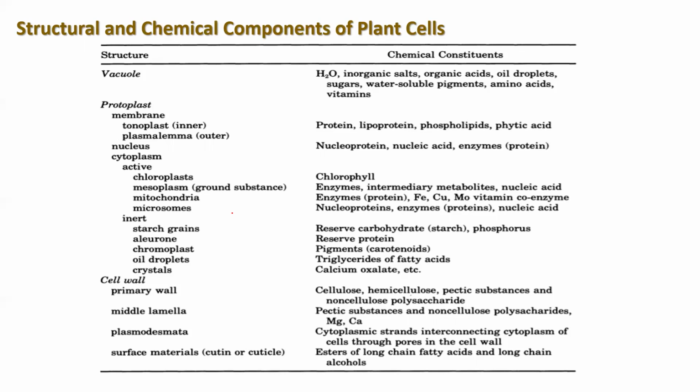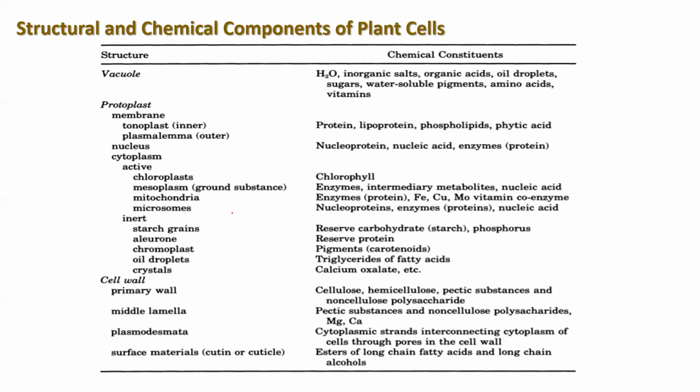The protoplast membrane, the inner one, which is called the tonoplast, contains protein, lipoprotein, phospholipid, phytic acid. The cytoplasm has nucleoprotein or enzymes, nucleic acids.